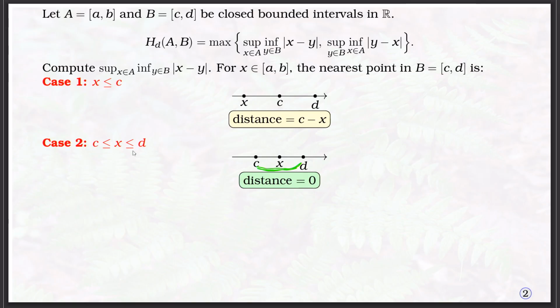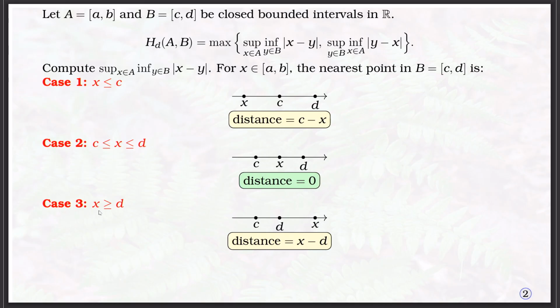If x lies between c and d, the nearest distance is 0. Suppose x is above d, that means x is greater than d, then the nearest distance is x minus d. Here this is the largest number, so we need to count from x to d.